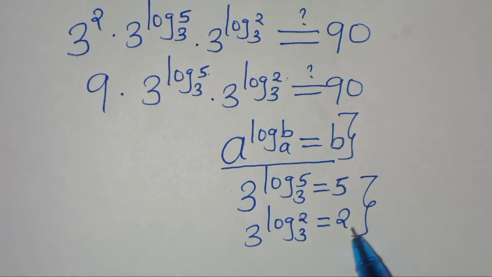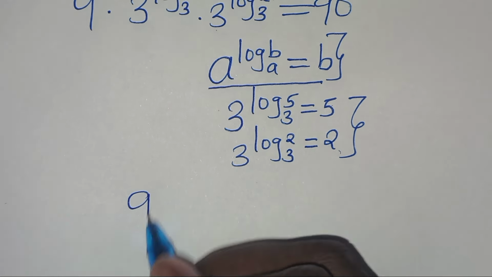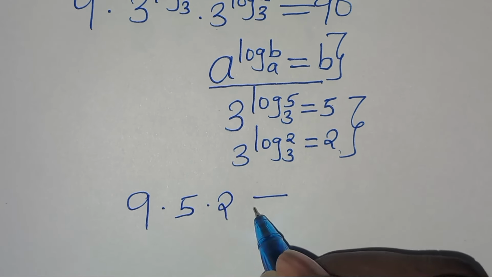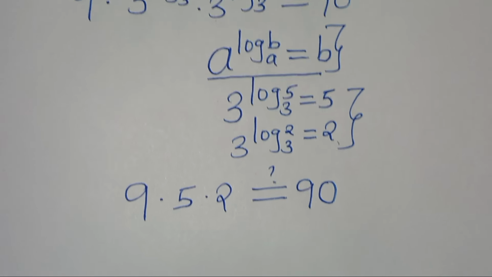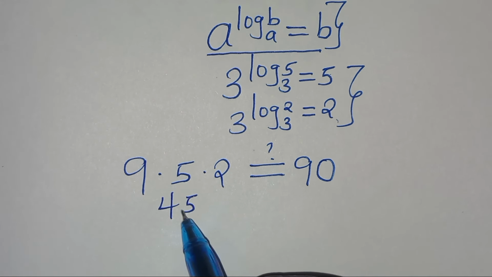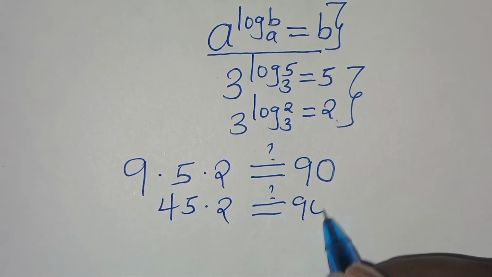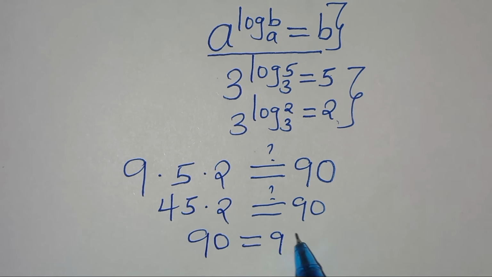Let's substitute 5 and 2 back into the equation so that now we have 9 times 5 times 2. This is supposed to give us a value of 90. So this is 9 times 5, this is 45, times 2, and this is supposed to give us a value of 90. 45 times 2, this is 90, which is equal to 90.